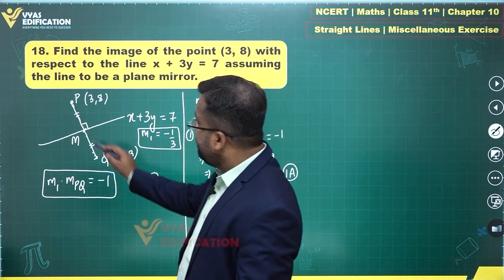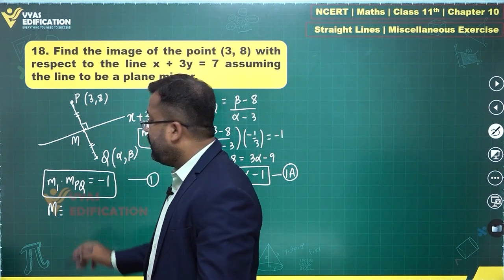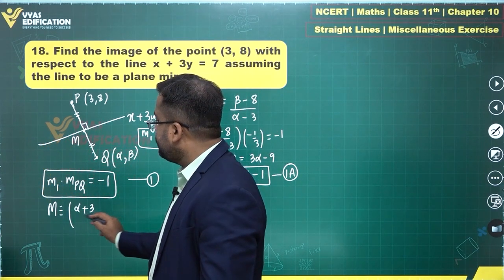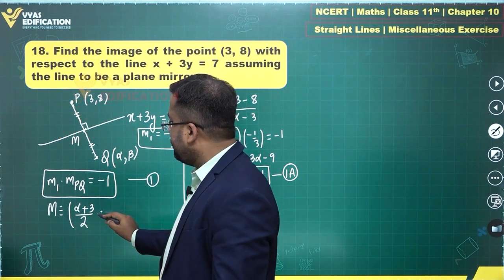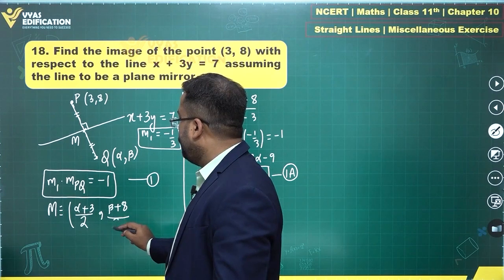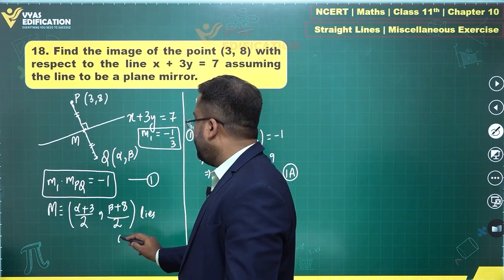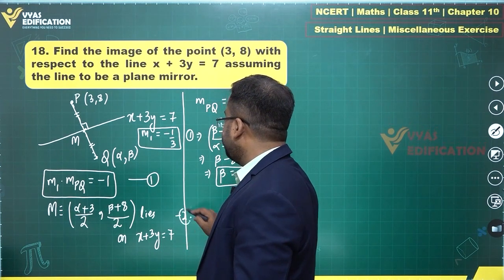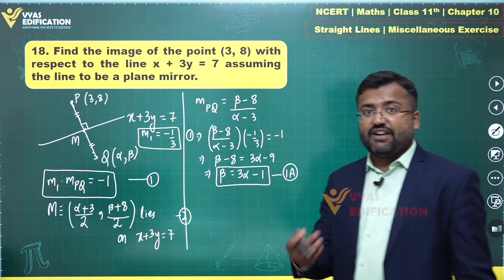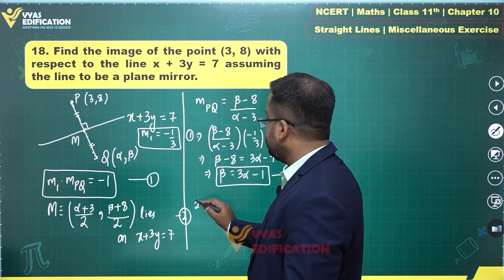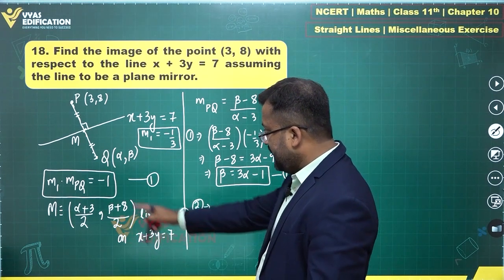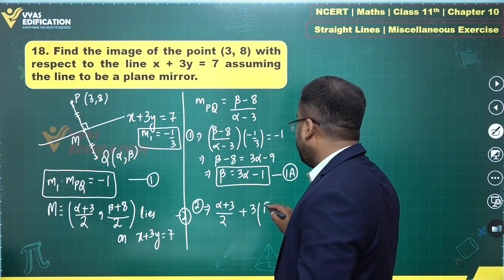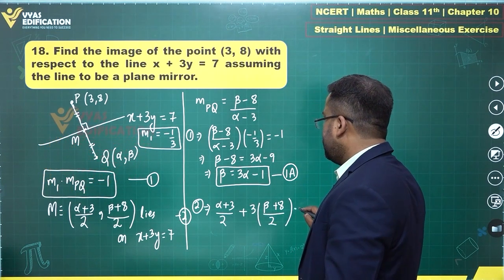The second condition is the midpoint M of PQ. Can we find the coordinates of M? Yes. It is ((alpha + 3)/2, (beta + 8)/2), that is (x1 + x2)/2 and (y1 + y2)/2. This lies on x + 3y = 7. This is the second condition, and using it we can find the second equation. Let's put this point over here: (alpha + 3)/2 + 3 times (beta + 8)/2 is equal to 7.